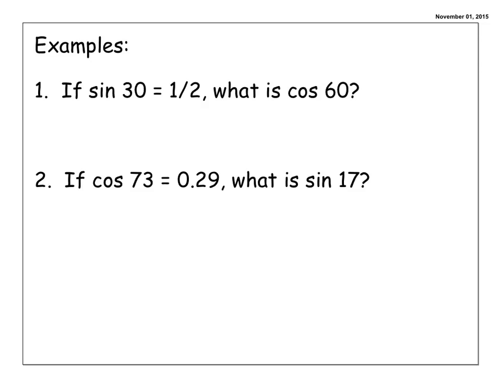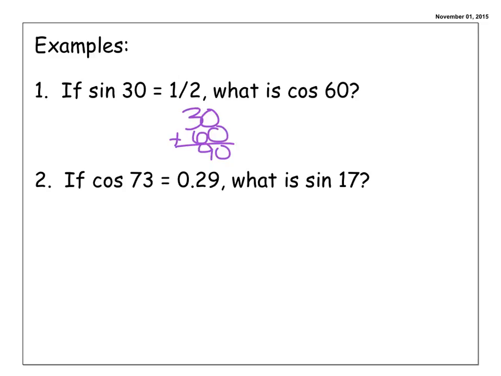All right, so let's apply that idea, that theorem that we just talked about, that conclusion that the sine and cosine of complementary angles are always going to be equal to each other. So my question here is that if the sine of 30 is 1/2, what is the cosine of 60 degrees going to be? I know that 30 plus 60 equals 90.